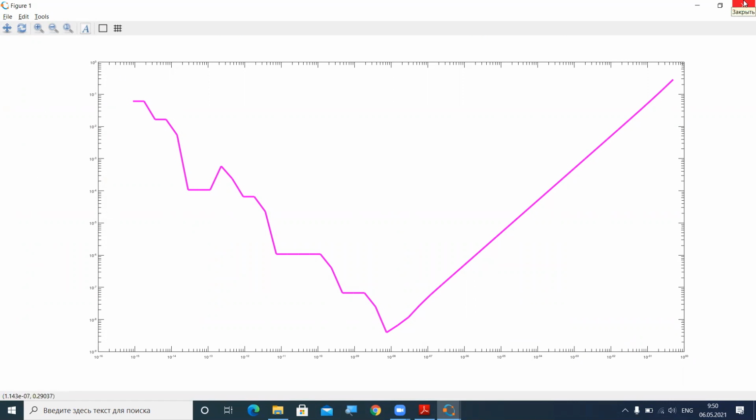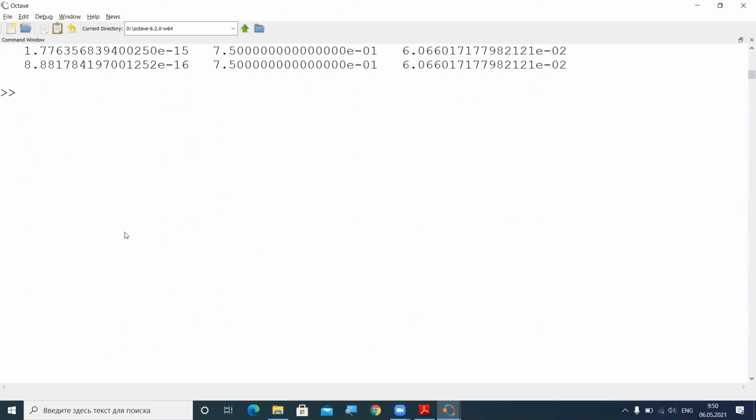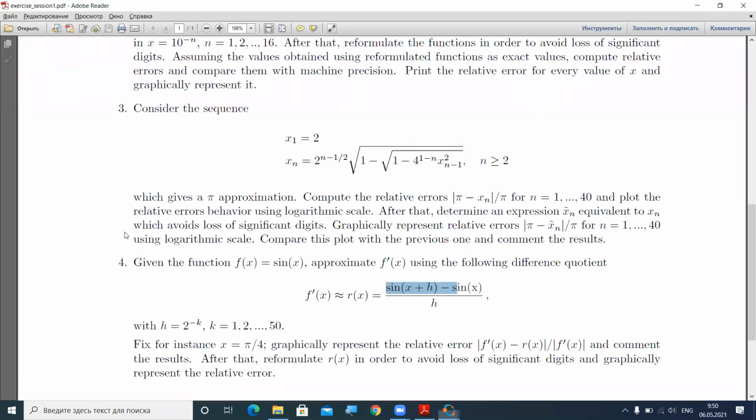Okay, now let's continue. And we need to reformulate our function. To reformulate our function, what should we do here? Just use trigonometric identities, trigonometric formulas. Just sine alpha minus sine beta. Use this formula. Yes. And when we use it, let me write here.